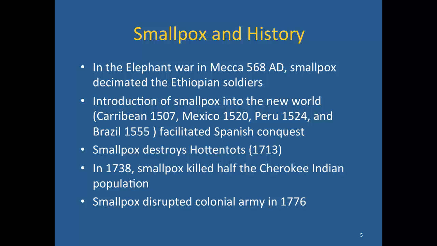A famous general in the British colonial army, General Amherst, was famous for providing blankets infected with smallpox to the Indians. That's a level of biowarfare that was used, and Amherst, Massachusetts is named after that general because he was considered a hero at the time. Looking back historically, people would probably reconsider that.